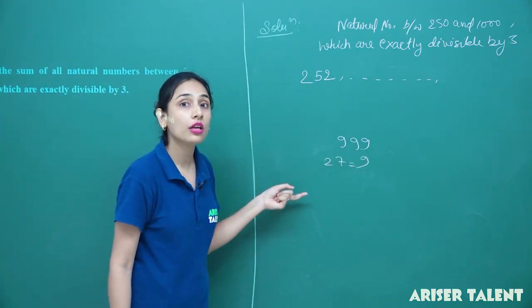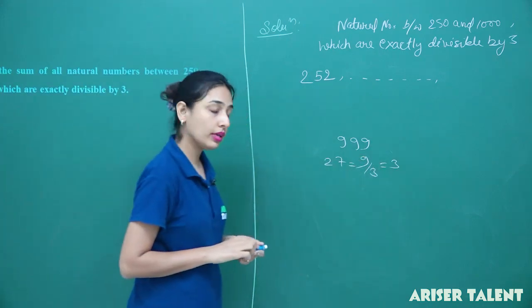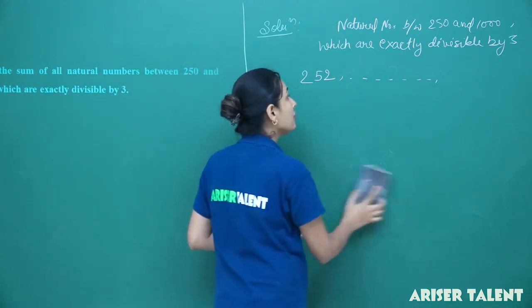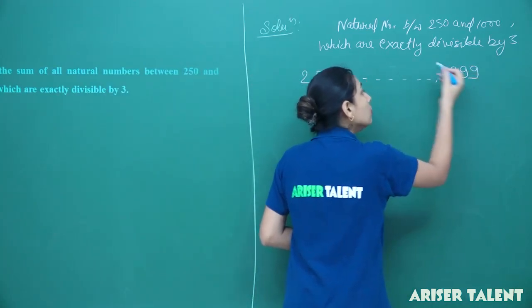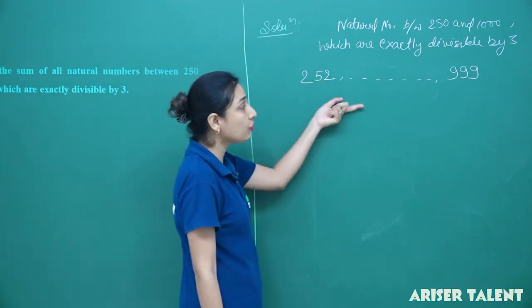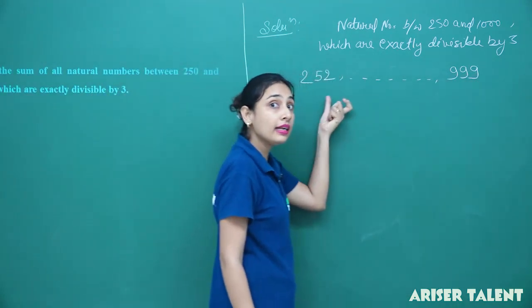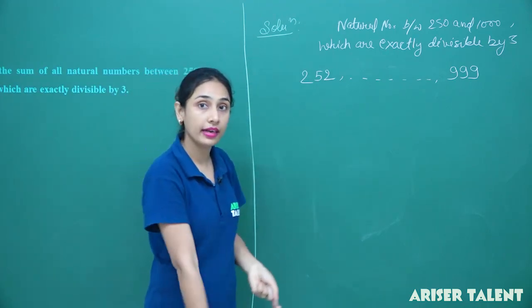So again it is divisible by 3. So this is basically our series, 252 to 999, and we have to find the number of terms.